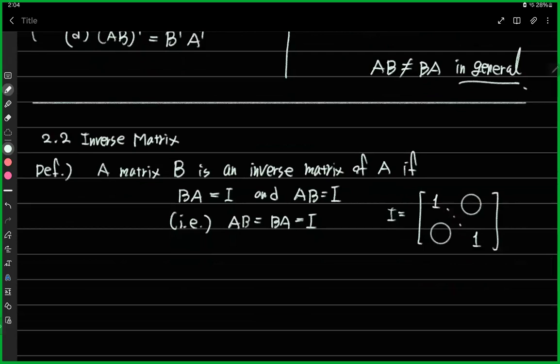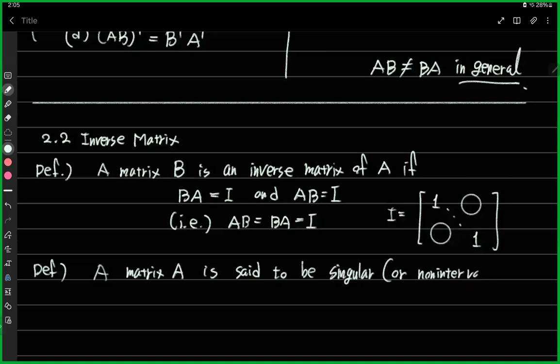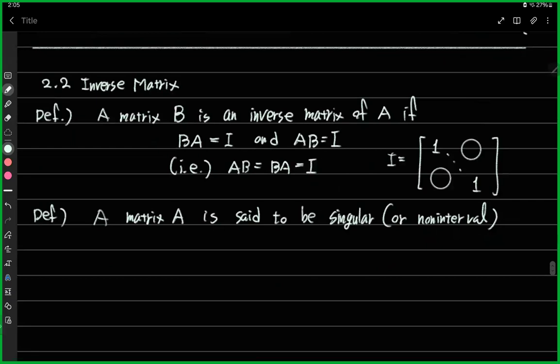Next, the other definitions, because we don't have much time. A matrix A is said to be singular, or non-invertible, if it is not square or A inverse does not exist. Keep in mind, when we talk about the inverse matrix, we assume that the matrix is square.